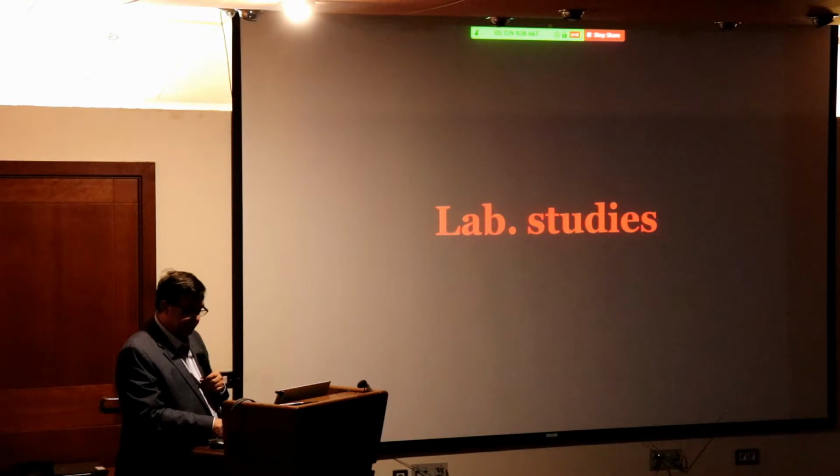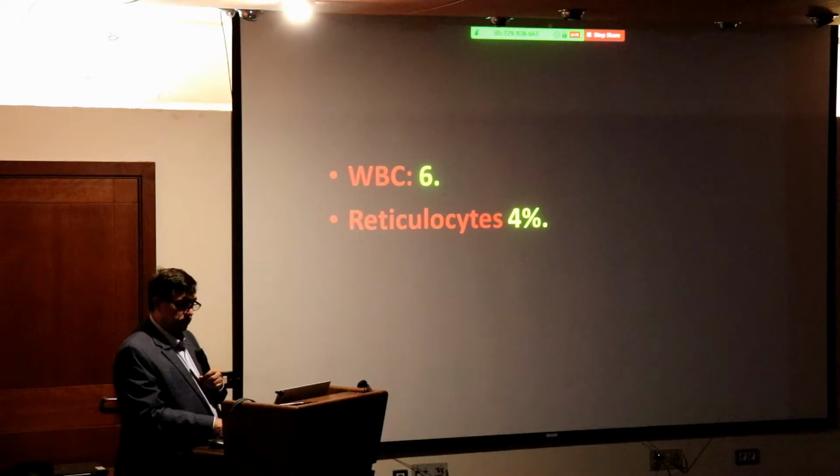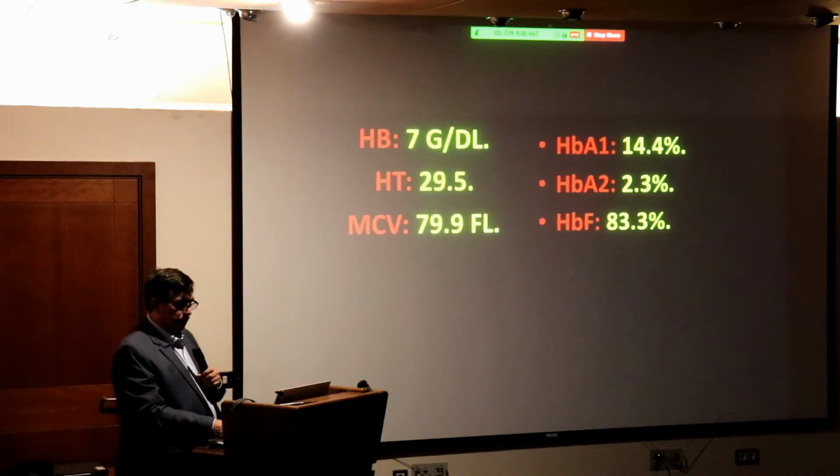Lab studies. Her hemoglobin was 7. Platelets were 481. PT was increased. White cells were 6 with reticulocytes at 4%. Hemoglobin, as I said, 7. Hematocrit 29.5. MCV was 79.9.